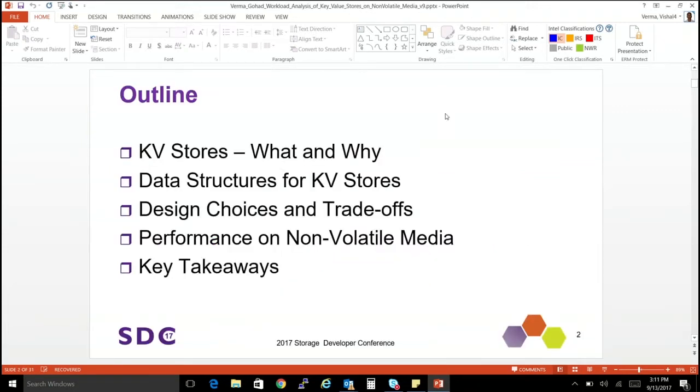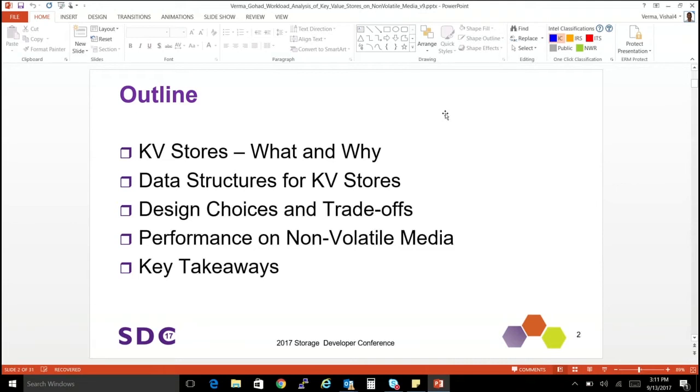Having worked in performance on storage systems for more than 5 years, we look at key-value stores, which are important. We're characterizing their performance, looking at their behavior, and establishing some best known practices in order to characterize the performance of key-value stores.